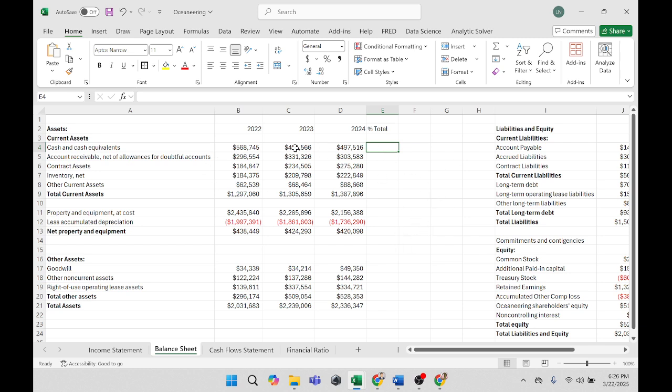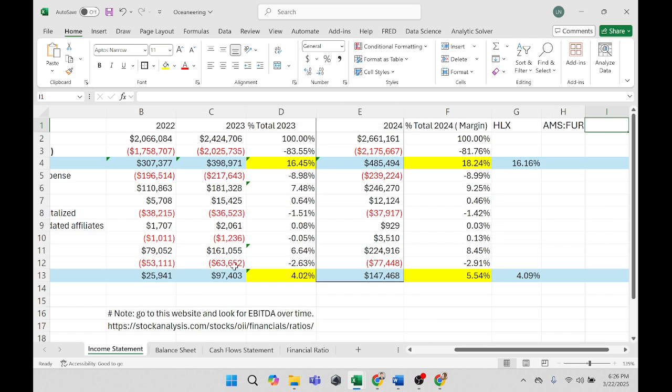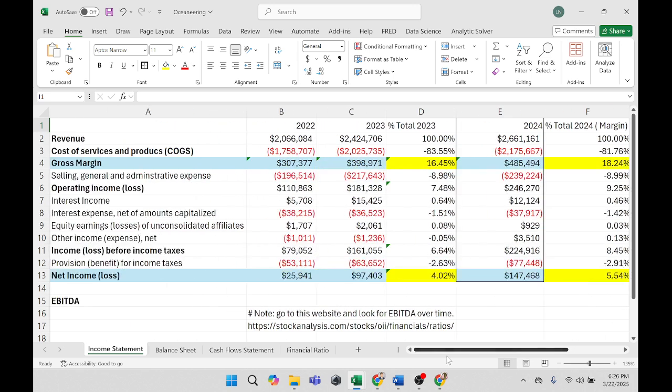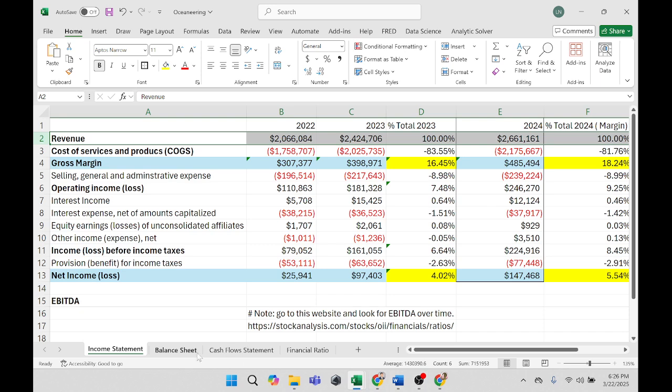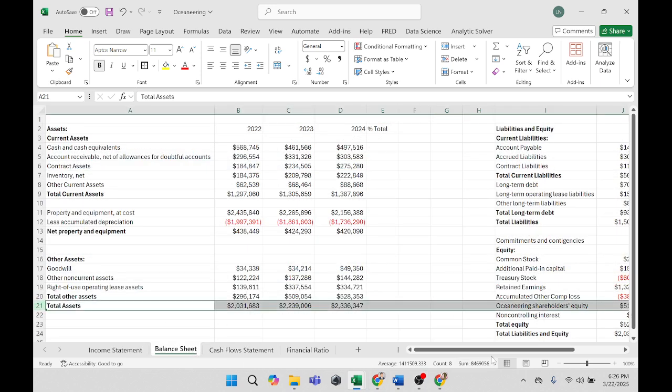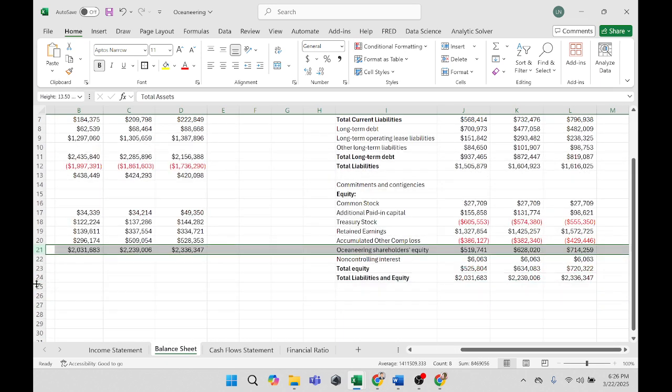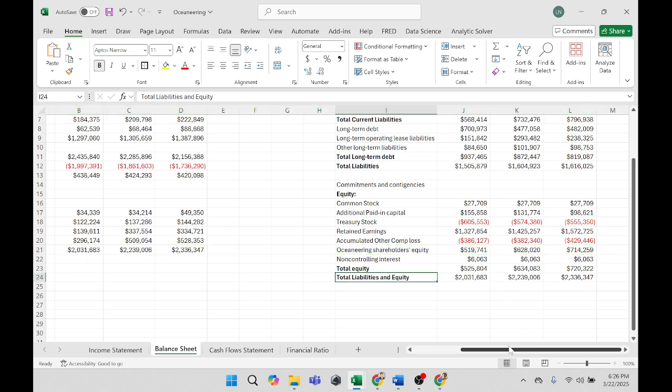It just means that you take everything and make it a percentage of the one thing. In the income statement case, the only thing is the revenue. But on the balance sheet, it is the total asset, and this is the total liability and equity.